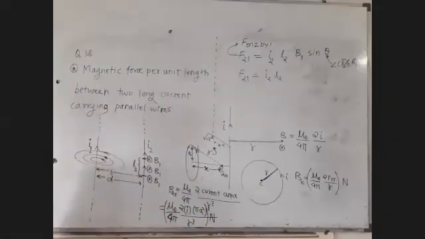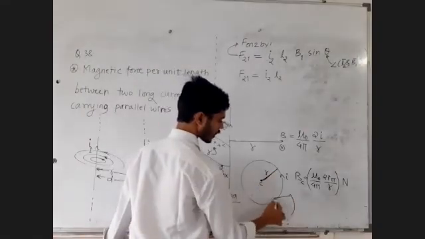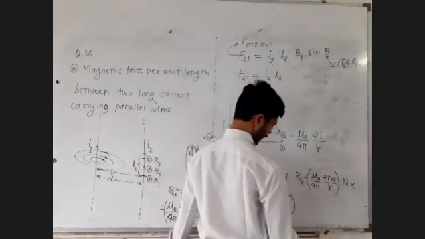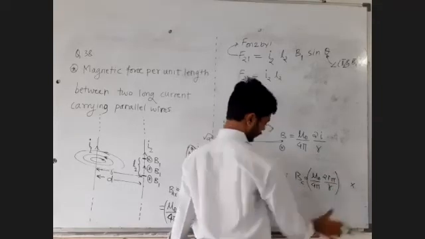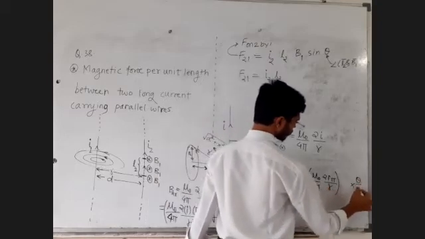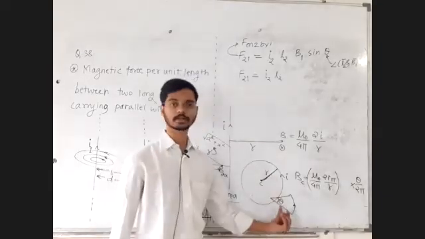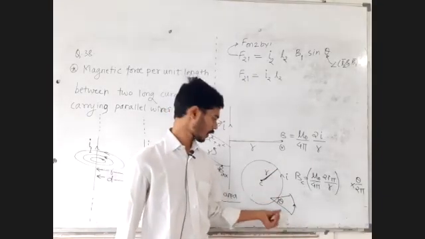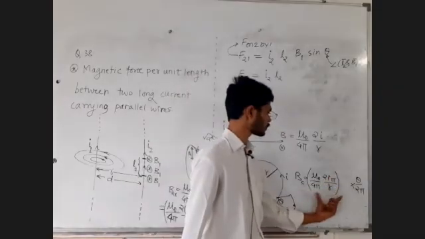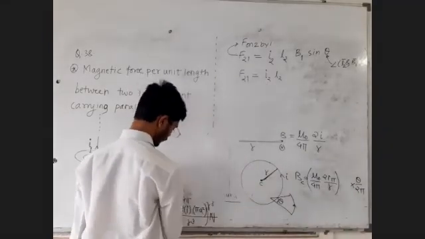Instead of a complete circle, if you have an arc of angle theta, then the complete circle's answer is multiplied by theta upon 2 pi; n will not come because there is only one turn. Total arc is 2 pi angle, and the present arc is theta, so the fraction is theta upon 2 pi of the total circle. These are the formulae which you should always remember. You cannot forget these formulae.